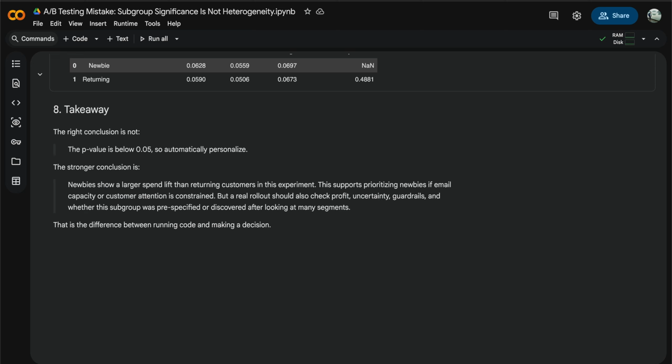For a senior or staff data scientist level, the readout should not stop at the p-values. It should connect the causal estimates to decision quality, effect size, confidence intervals, business value, guardrails, and operational constraints. And that is the difference between running an A/B test and making a better business decision.